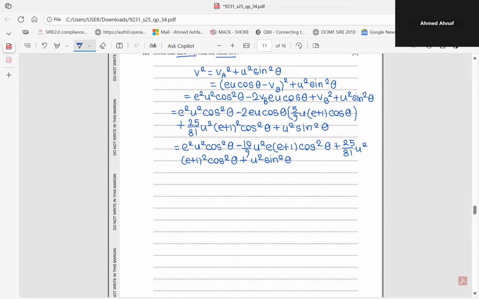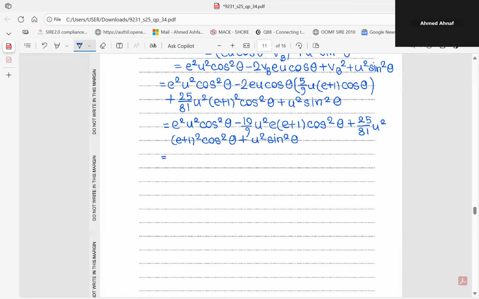I think we can simplify it further. There's not much space, so I'm going to make my handwriting smaller. This is just going to be e squared plus e.